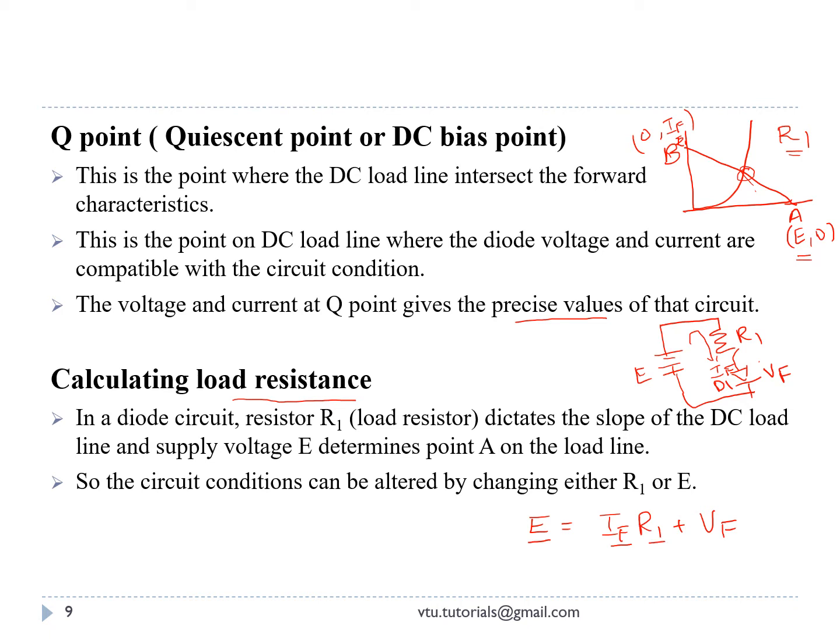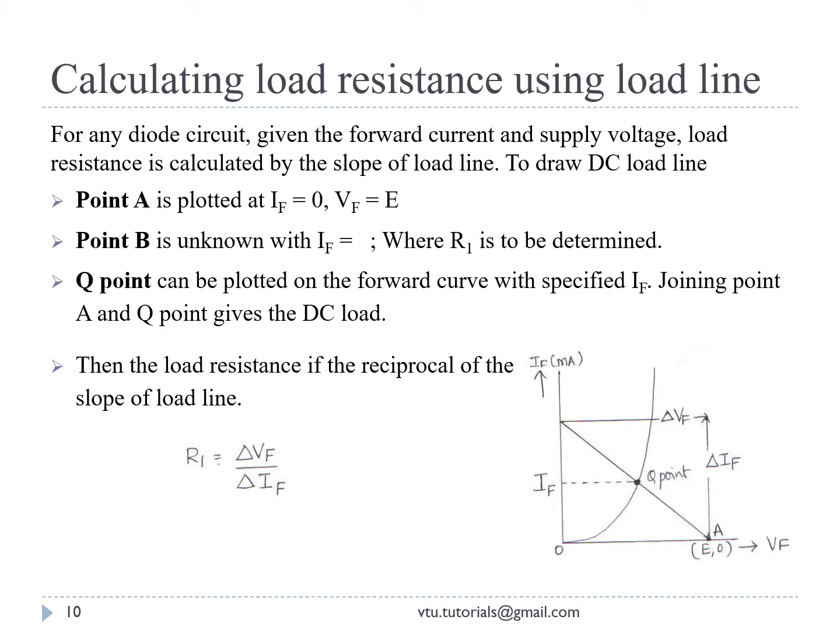But this Vf will always be a constant for a diode, depending on the type of the diode. So by varying R1, If varies. If E is varied, If varies. Like that. So now let's see how to determine the load resistance using the load line analysis.